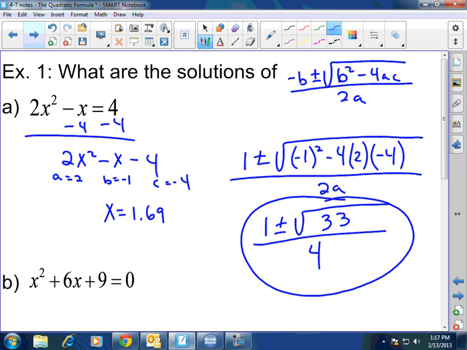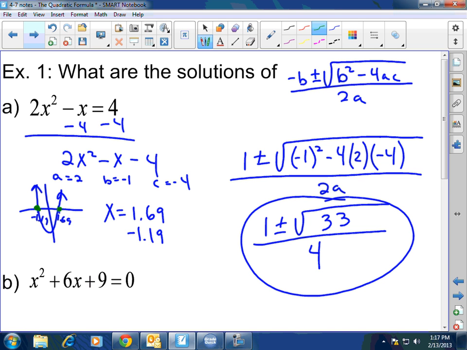And then 1 minus the square root of 33, divided by 4, is also going to equal negative 1.19. So just so you understand, you have a graph that's going through 1.69 and negative 1.19. That's what those told you. That just told you, hey dude, this graph goes through this point and that point. That's the power of this.